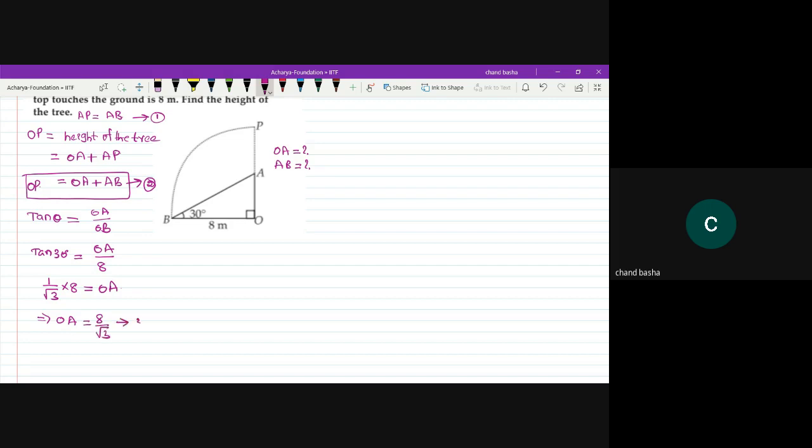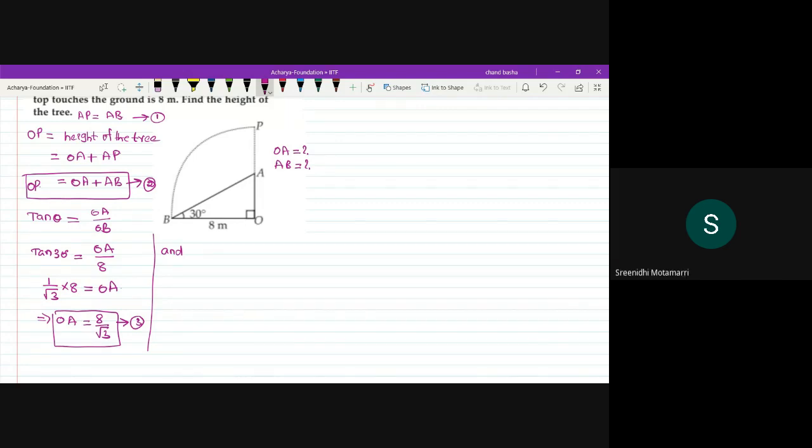Now, what is the second part? To find out AB, which trigonometric ratio am I going to use? Which ratio do I use when the adjacent side is given but he is asking for the hypotenuse?